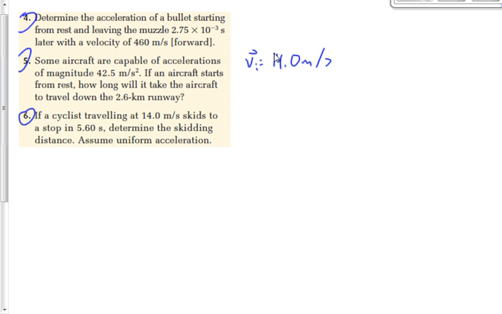So it's traveling at that speed before it does anything. That's the initial velocity. Skids to a stop in 5.6 seconds. That's going to be a time, right? We want to find the skidding distance or the displacement. Anything else, Carrie? 0 for final velocity. Right? Good. Vf is equal to 0 meters per second. It stops. The last 2 questions, VI was 0. This time Vf is 0.